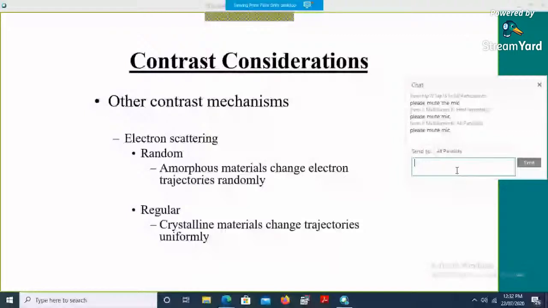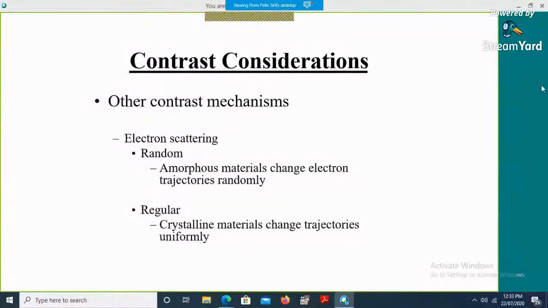When electron scattering takes place, this information is actually electron diffraction. This electron diffraction in the forward direction can be used to study the patterns.